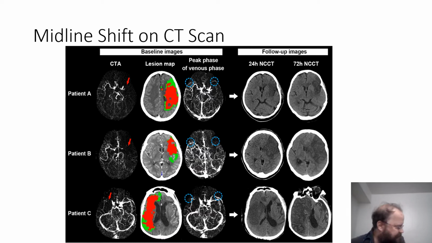If you were to see the brain from the top, you could tell how everything's pushed over, and you can see how the ventricles are displaced.